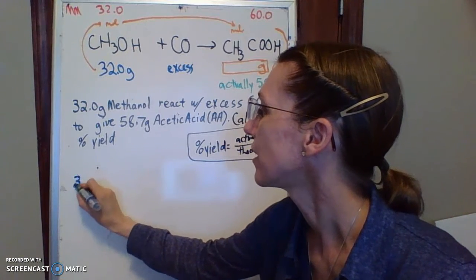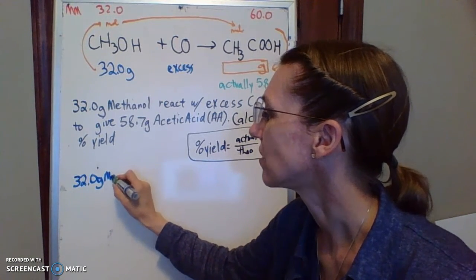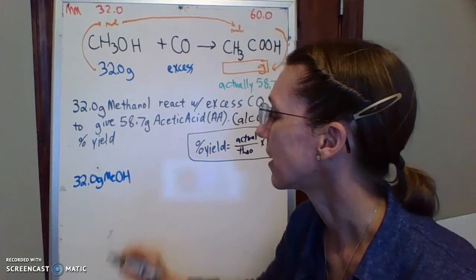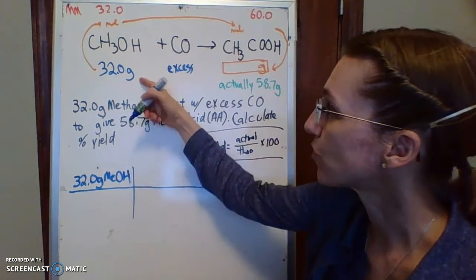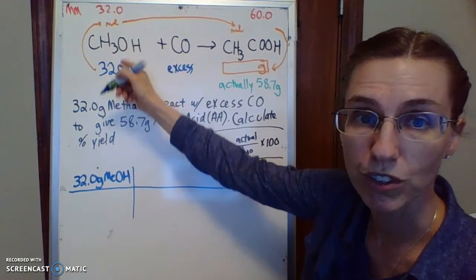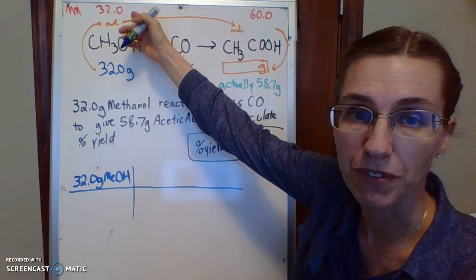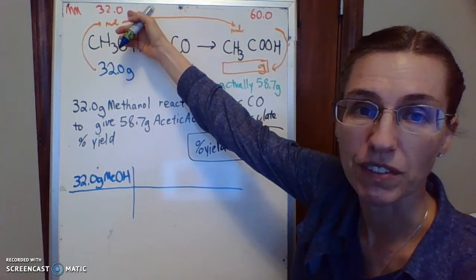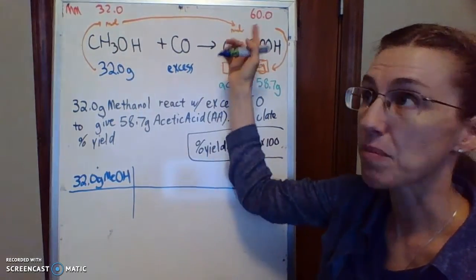We have 32.0 grams of methanol, and I'm going to abbreviate it here so I don't have to write it all out. And the first thing we've got to do is change those grams into moles. We know vertical transitions are molar masses. To help us make this a little bit faster so that it all fits into one video, I got the molar masses pre-calculated up here at the top.